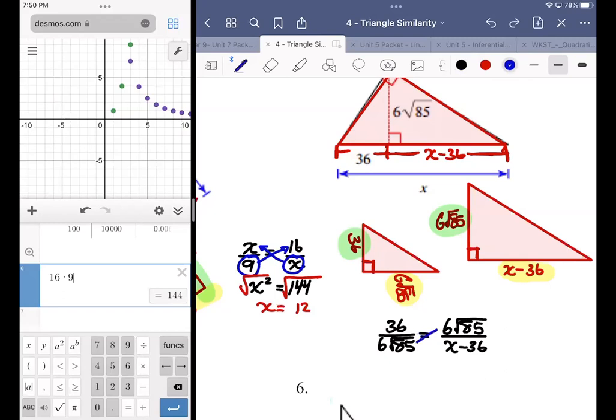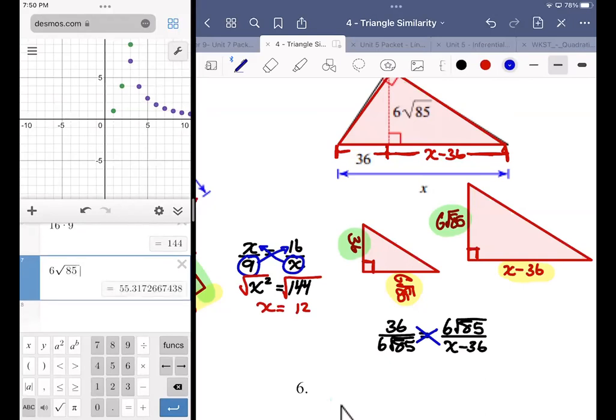I'll multiply across the diagonals. I'm going to take the 6 radical 85 and multiply it by 6 radical 85. That's going to be kind of nice, as nice as 3060 can be. But then I'm going to multiply the 36 by the x minus 36.